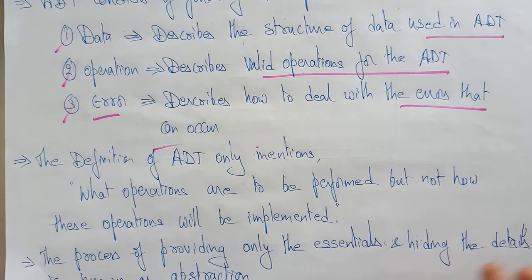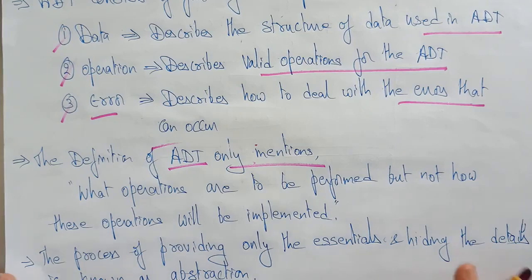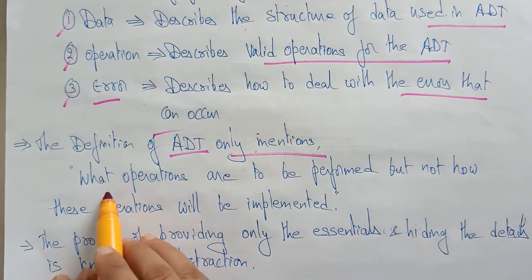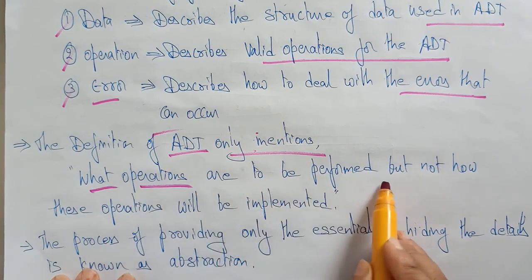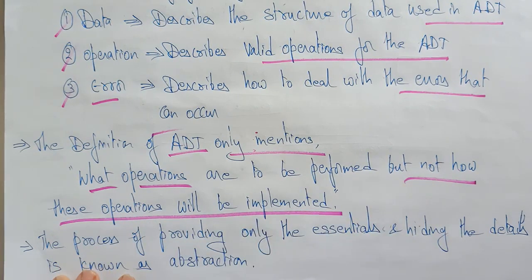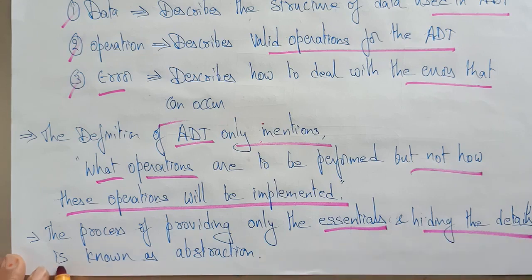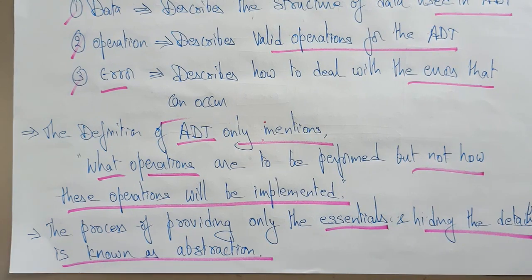Okay, now let's see the exact definition. The definition of abstract data type only mentions what operations ought to be performed, but not how these operations will be implemented. It's just showing what operations ought to be performed, but not how they will be implemented. The process of providing only the essentials and hiding the details is known as abstraction.